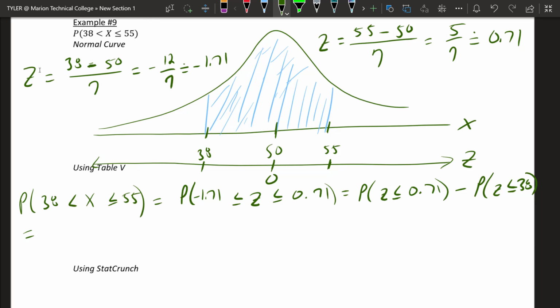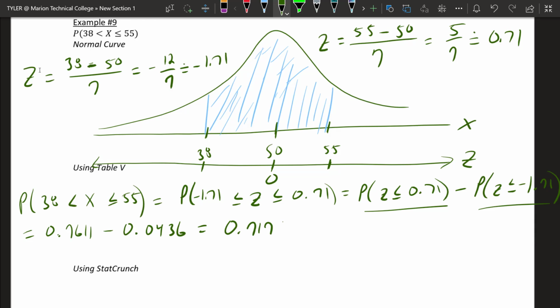So I can look up both of those values. Oops, wrote down the wrong number here. This would be negative 1.71. I can look up both of these values in the table, and what you should get is 0.7611 for the first, and then for the second one 0.0436. And if you subtract those, you get 0.7175.